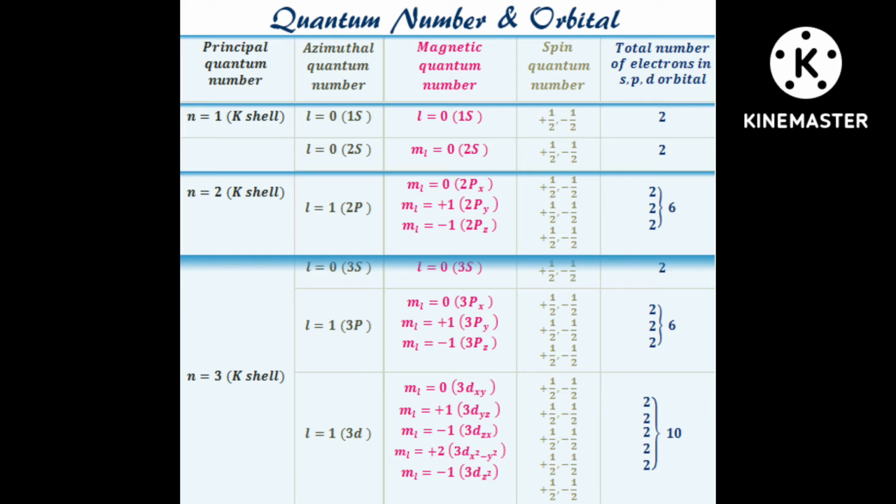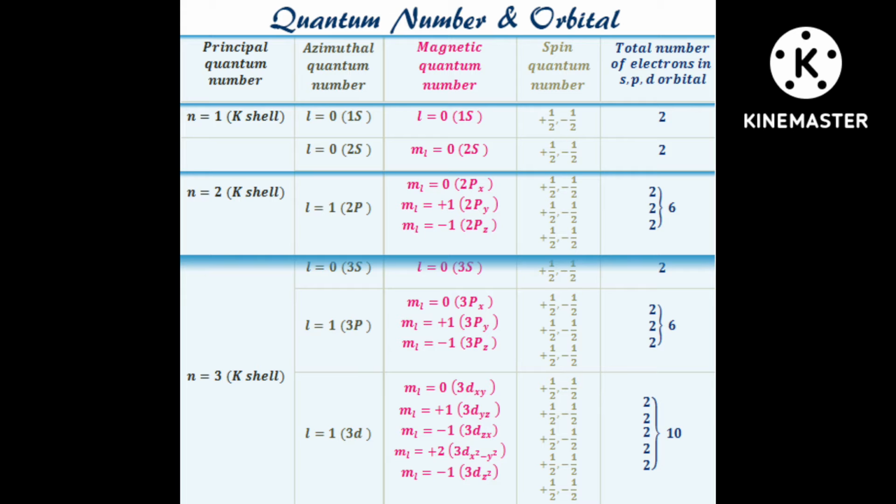There are two names for the azimuthal quantum number. L is also known as the orbital angular quantum number or subsidiary quantum number. It is denoted by small l.